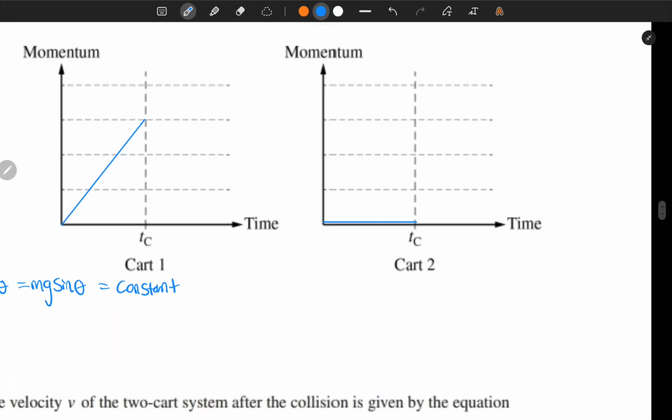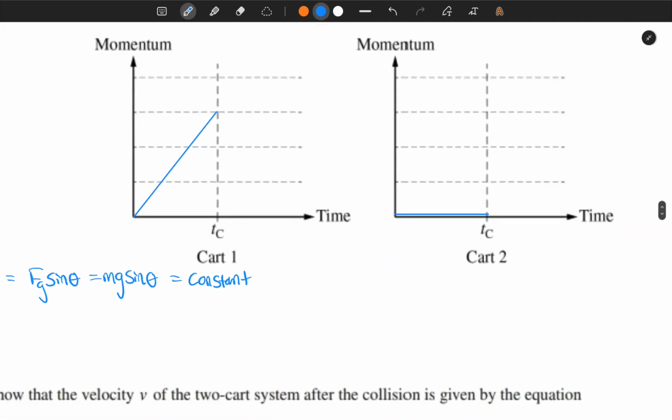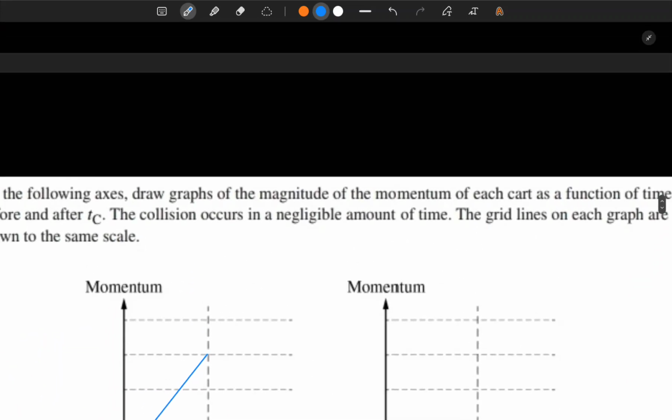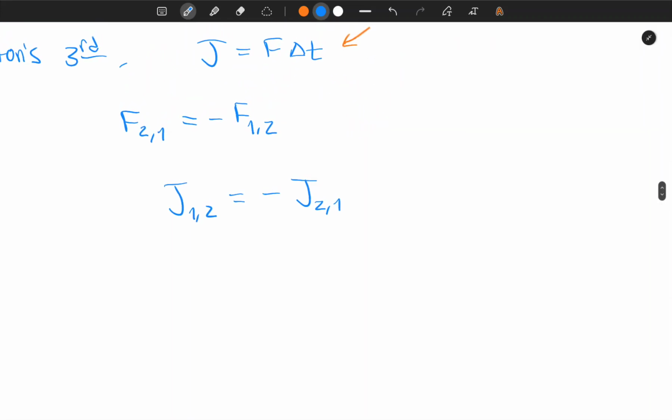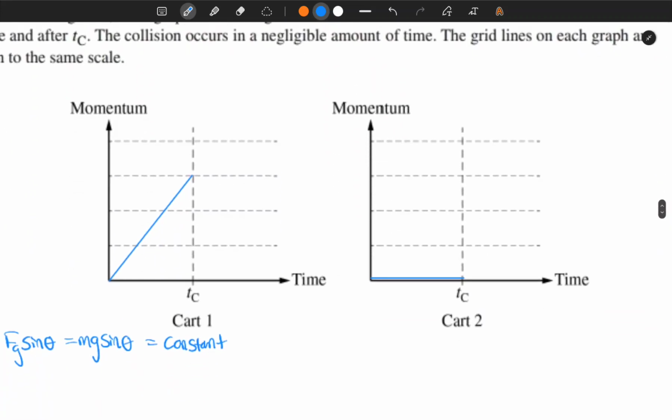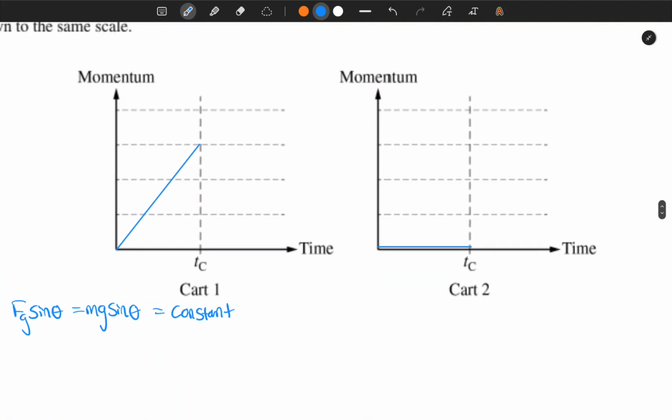Then we note the following. Since in part A, we found that the change in momentum is the same in magnitude for both carts, we know that however much cart 1 goes down in momentum, it's by that amount that cart 2 should go up in momentum.